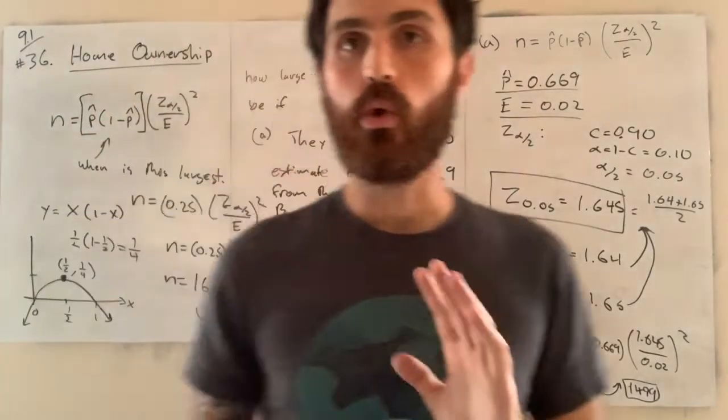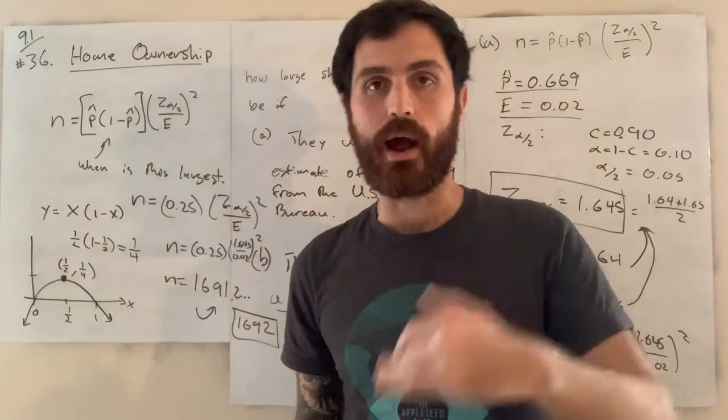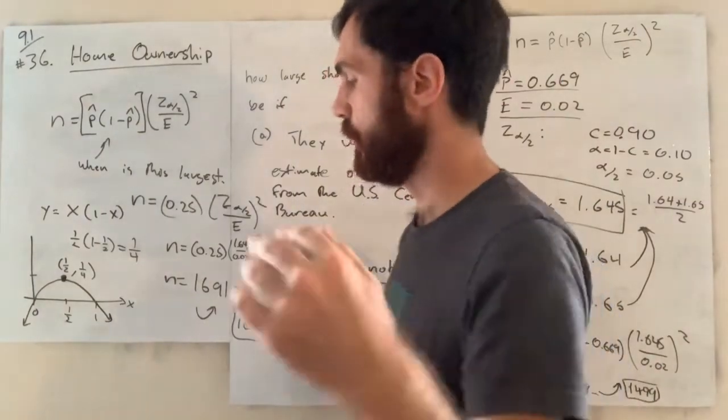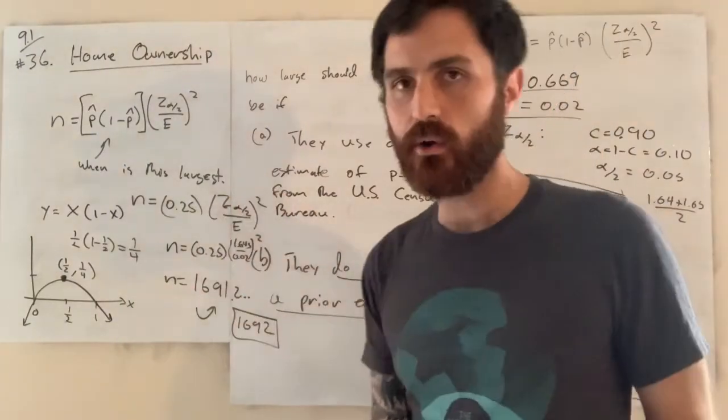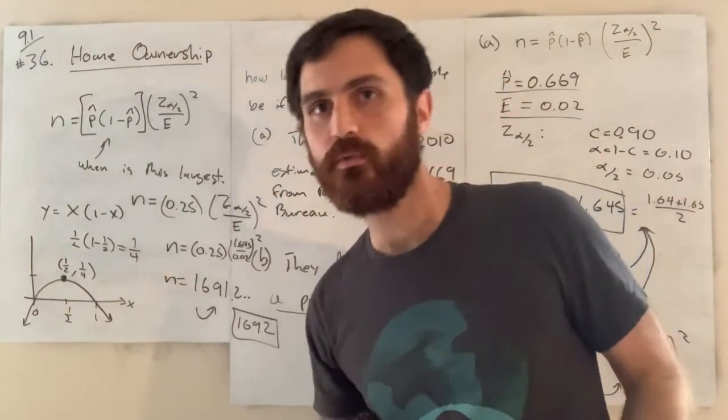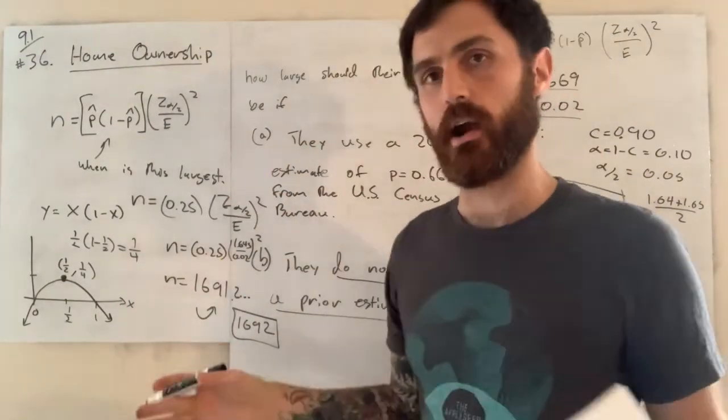And again, it's important that you're rounding up. You're not rounding to the nearest integer. You're always rounding up. That's just because if you round down a little bit, you might move yourself to a larger error.